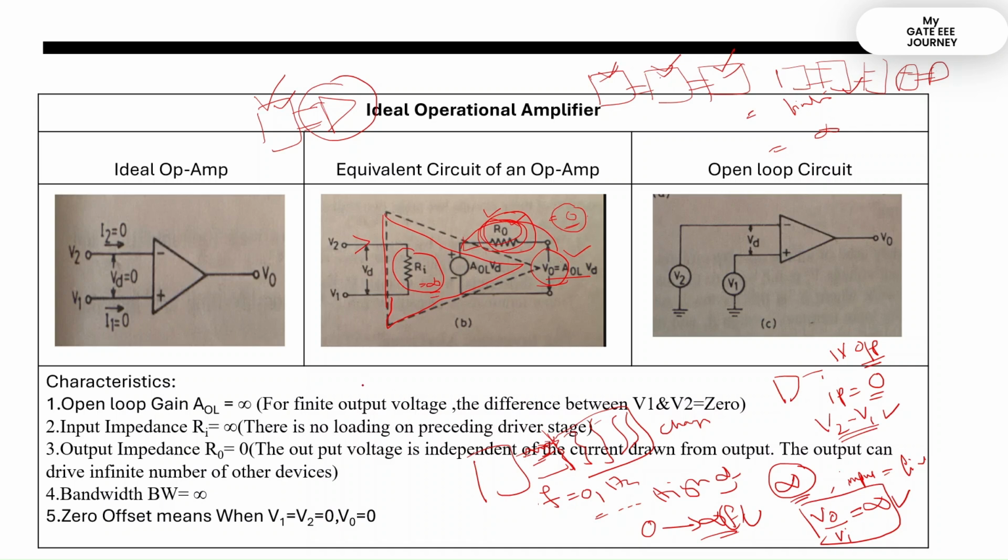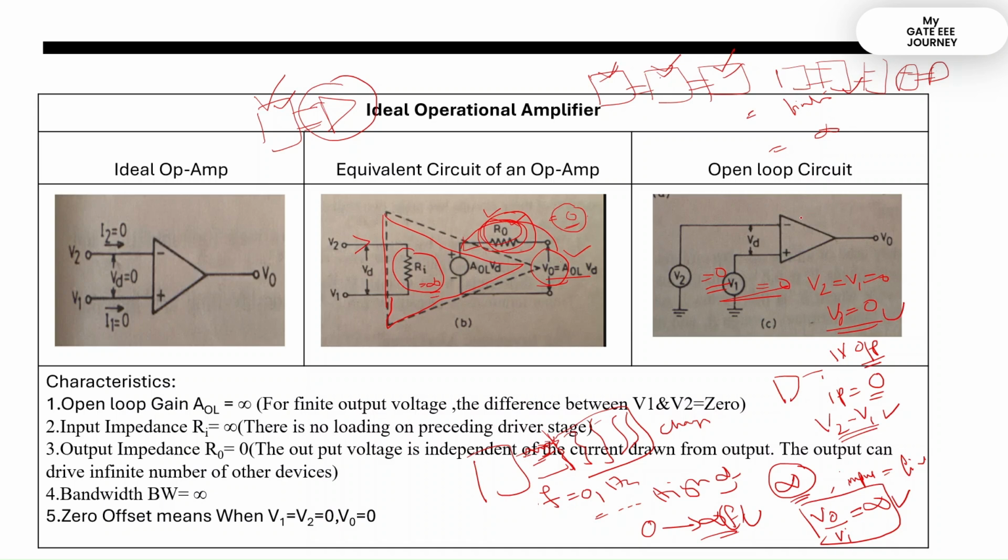And zero offset means what? When V1 is equal to 0 and V2 is equal to 0, ideally V0 is also 0. Practically it won't happen.